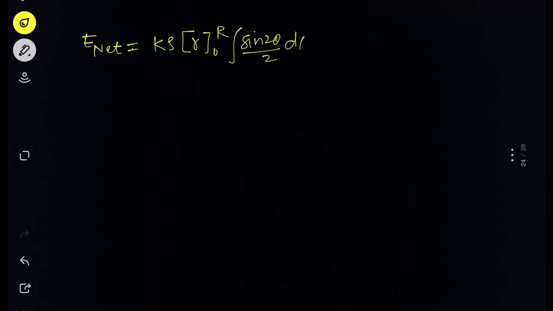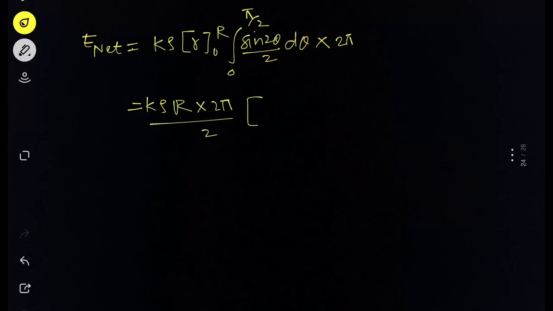And for phi, I'm writing the direct value 2 pi, and the variation of theta is from 0 to pi by 2. So we can write k rho into capital R into 2 pi divided by 2, and the integration of sin 2 theta would give minus cos 2 theta divided by 2, and the variation is from 0 to pi by 2.